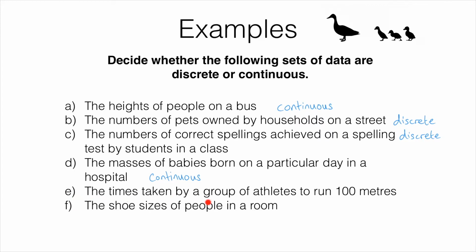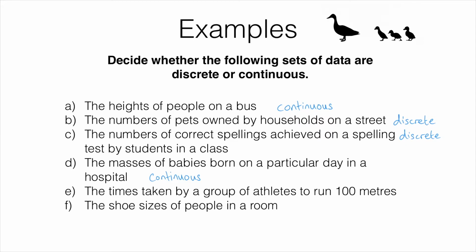In the next question, we're looking at the times taken by a group of athletes to run 100 meters. Again, time is something that you can never measure accurately. You might be able to measure something to the nearest hundredth of a second on a stopwatch. At the Olympics, they might be able to go to the nearest thousandth of a second. Scientists might have clocks that can measure even more accurately than that. But the fact is, you reach a limitation. A runner is not limited to achieving particular times on the 100 meters.